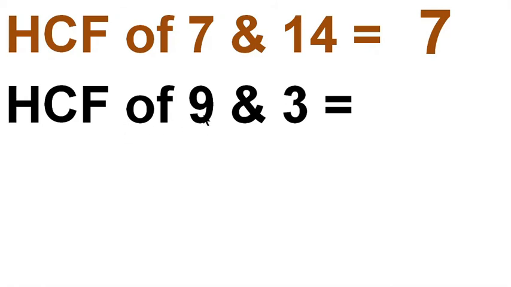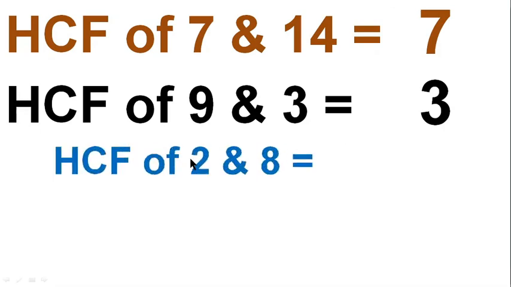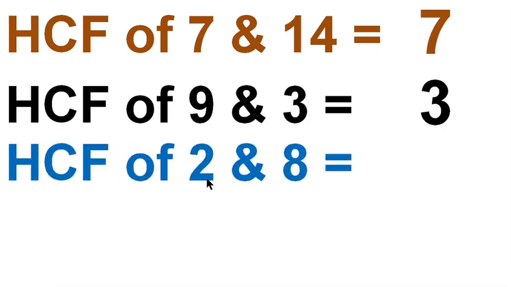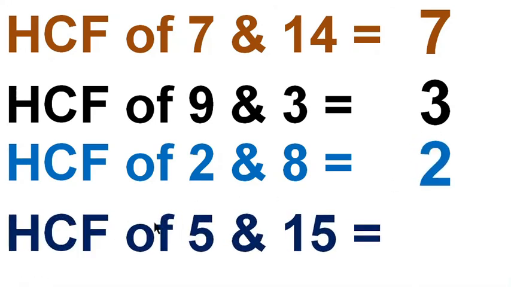And here 9 and 3, 3 is smaller and 9 is divisible by 3, so the highest common factor is 3. Here 2 and 8, 2 is smaller and 8 is also divisible by 2, so our highest common factor is 2. Here 5 and 15, 5 is smaller than 15 and 15 is also divisible by 5, so our highest common factor is 5.